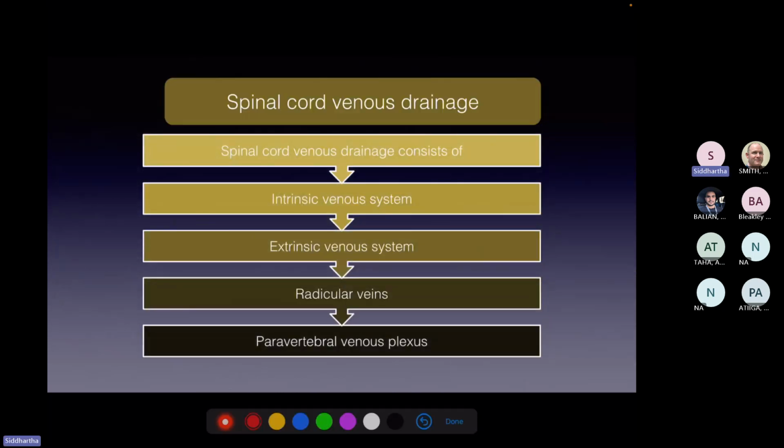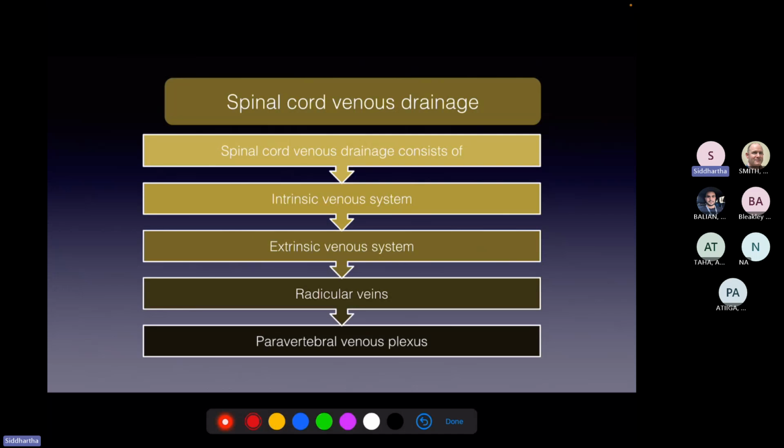The spinal cord venous drainage. Just like in the brain, the spinal cord has transparent embryonic veins, and it has venous drainage which consists of the intrinsic venous system, the extrinsic system, and radicular veins, and these radicular veins open up into the paravertebral plexus. The intrinsic venous system is made predominantly of axial veins.